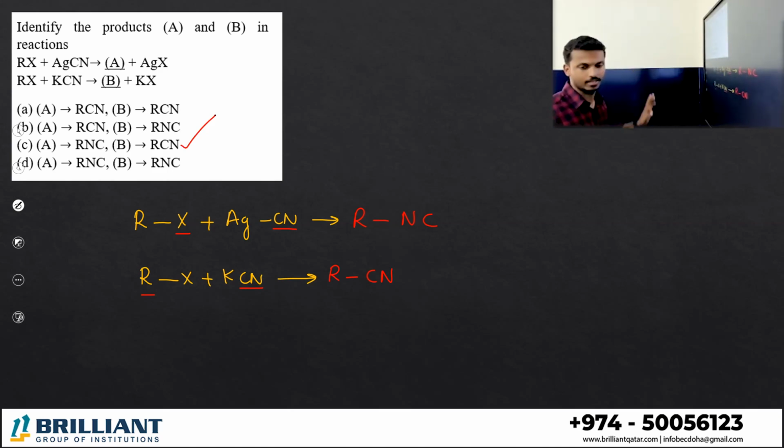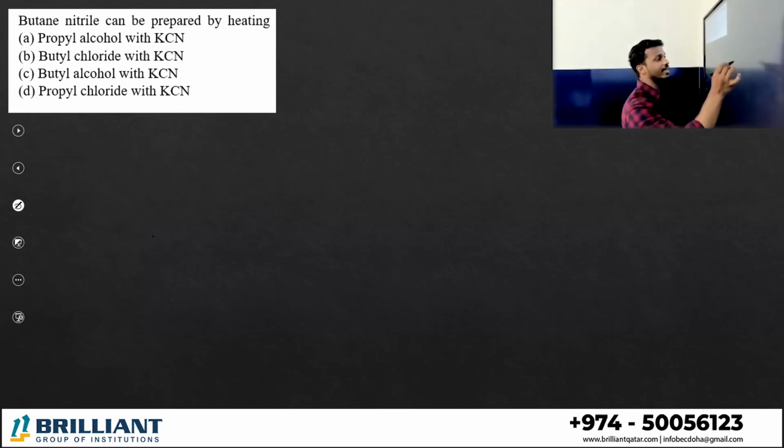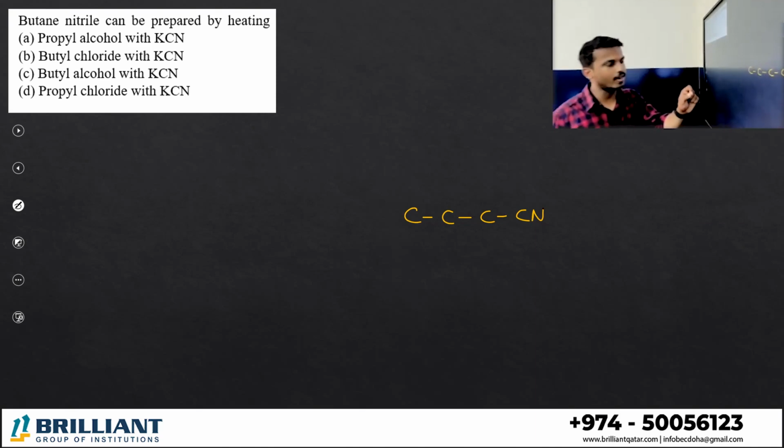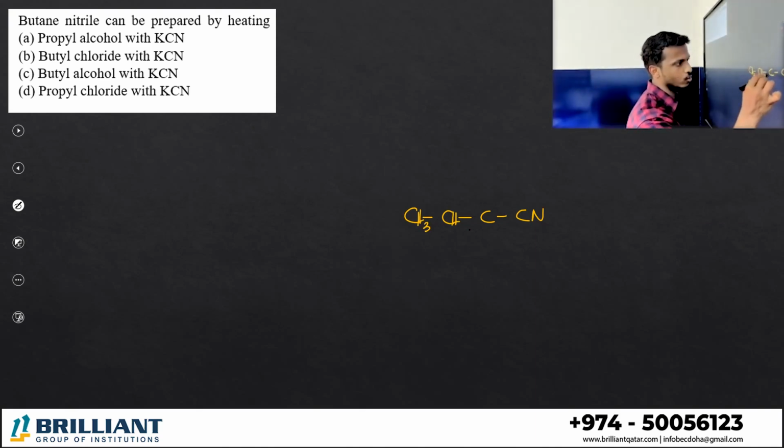Isocyanide and cyanide, yes. Butane nitrile can be prepared by the reaction we already discussed. What is butane nitrile? One another question we discussed before, another compound. Butane nitrile means cyanide, total 4 carbons including cyanide. So therefore CH3, CH2, CH2.